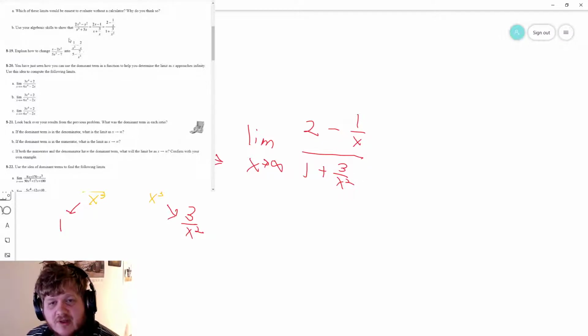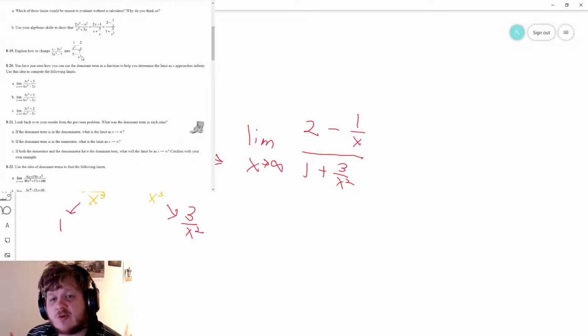You can do this in this particular case. Give you a moment to process it. You have x minus 2x squared divided by 5x cubed minus 7, into 1 over x squared minus 2x over 5 minus 7 over x cubed.